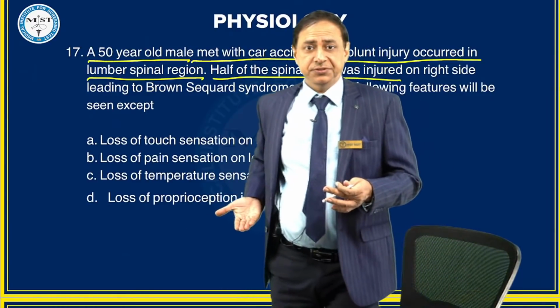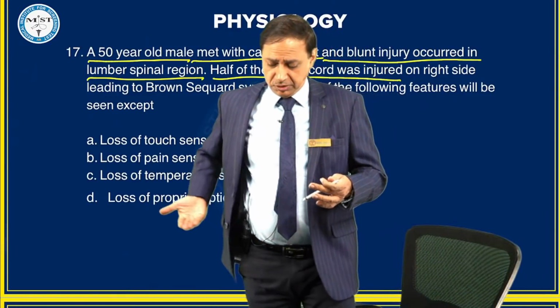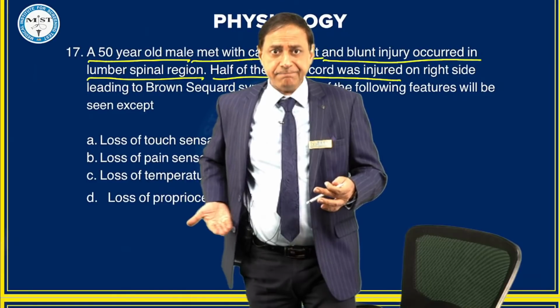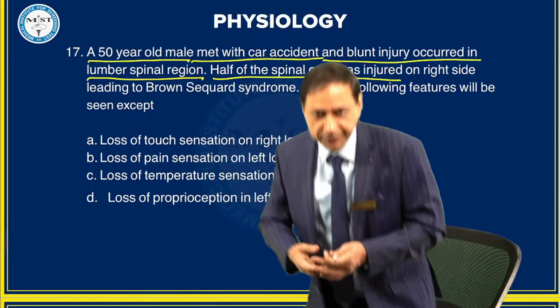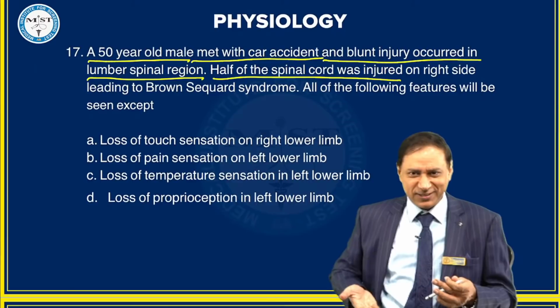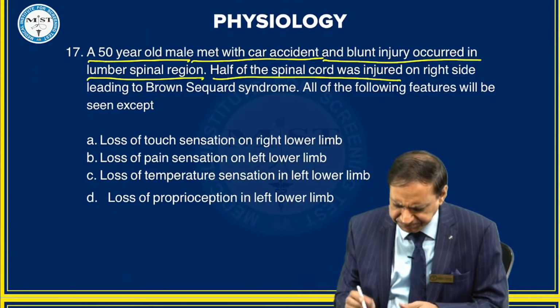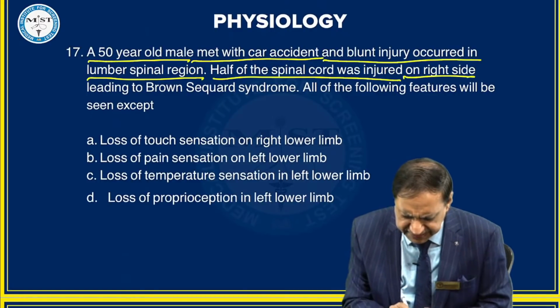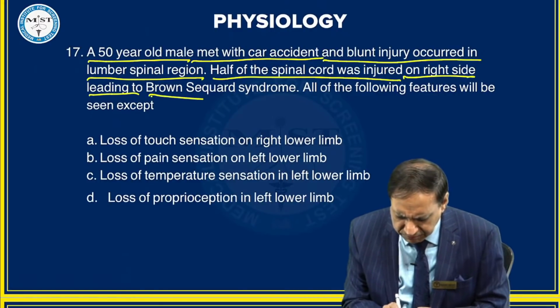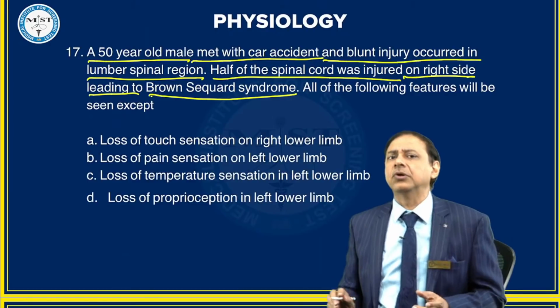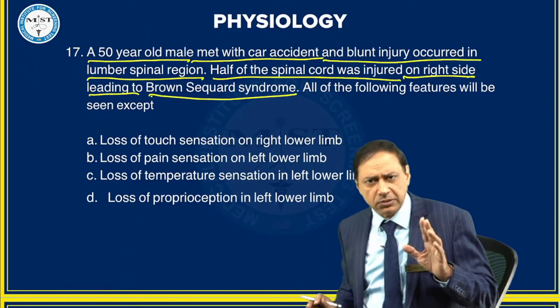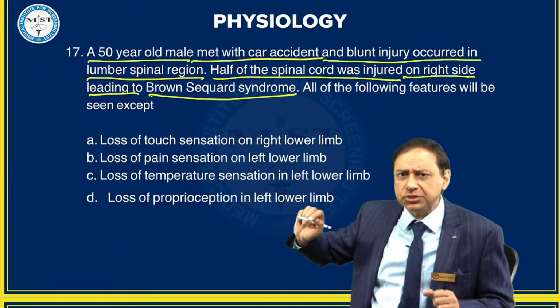Hemisection. Half, not full. If full cut, then both lower limbs will go. Only half cut, on the right side, leading to Brown-Sequard syndrome. Hemisection of the spinal cord is known as Brown-Sequard syndrome.